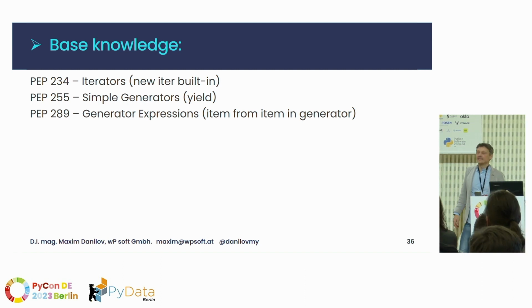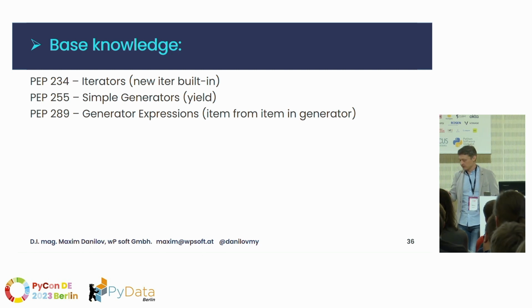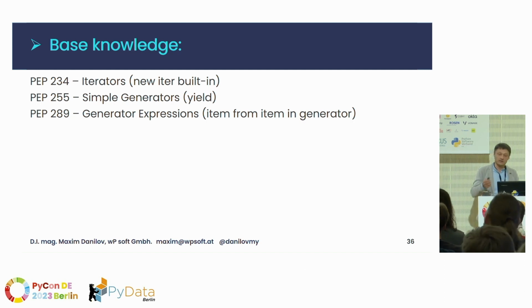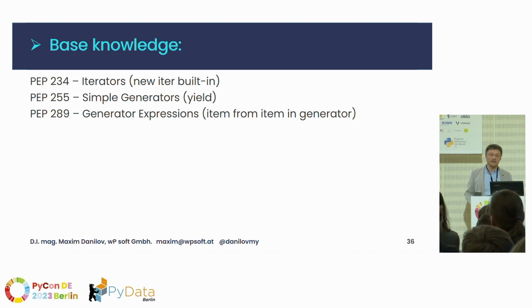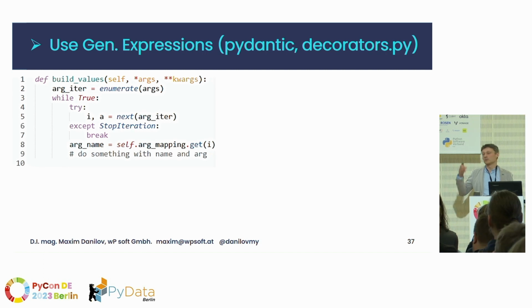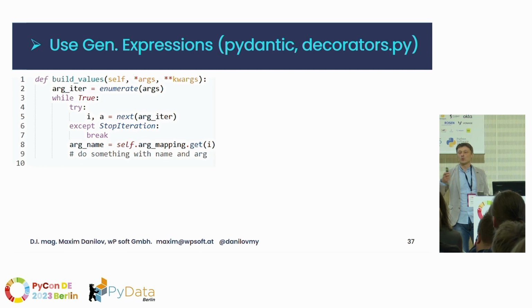Okay, the next important part of our Python is PEP 289, generator expressions. Like list comprehensions or dictionary comprehensions, generator expressions can help us write short code which can work faster.